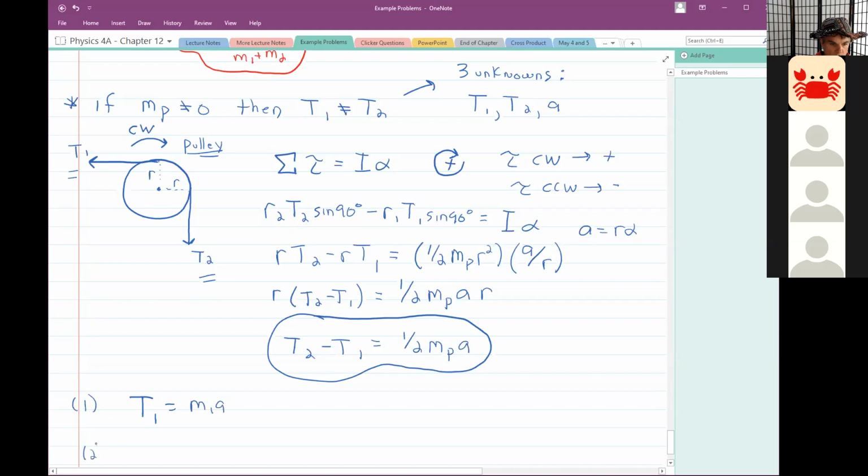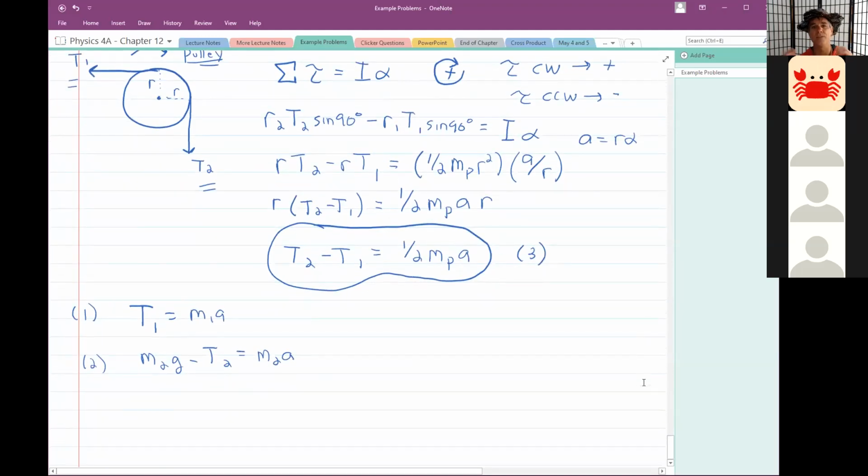The second equation was M2G minus T2 equals M2A. And now here's my third equation. What I'm going to do is solve each equation for tension and plug it into the third one. So solving this equation for tension, I get T2 equals M2G minus M2A.